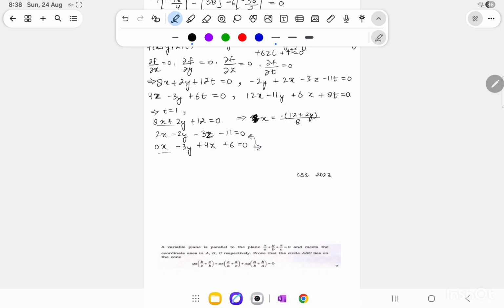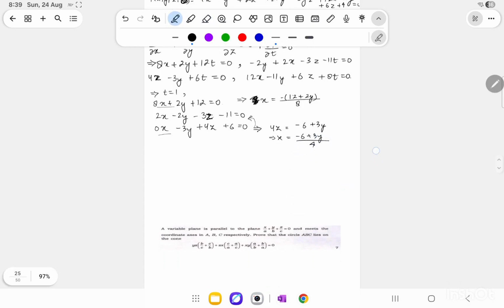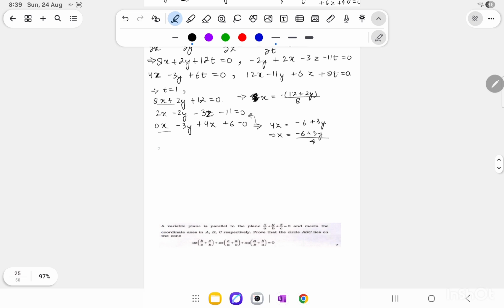Likewise, from the third equation I got my 4z as −6 + 3y, and from here my z as (−6 + 3y)/4. So if we substitute it in the above equation, we'll get 2 into (−12 − 2y)/8 − 2y − 3 into (−6 + 3y)/4 − 11 = 0.